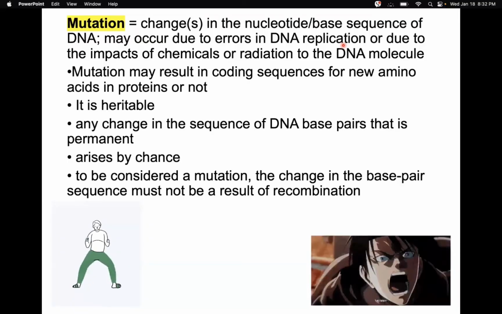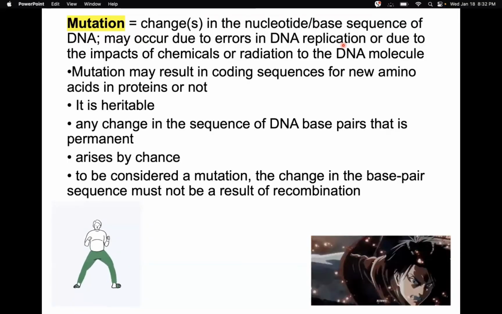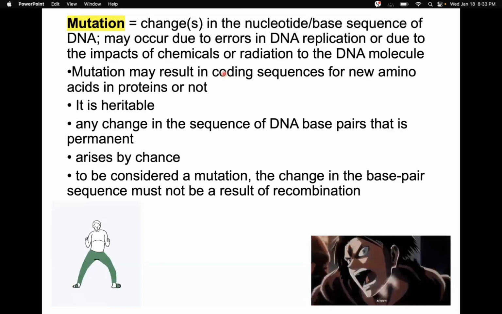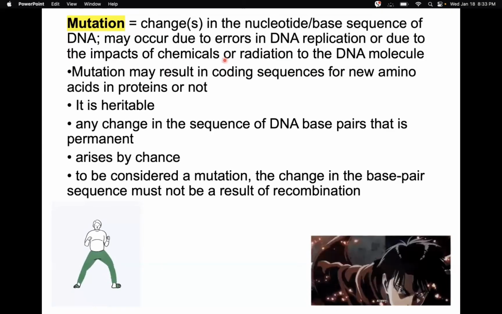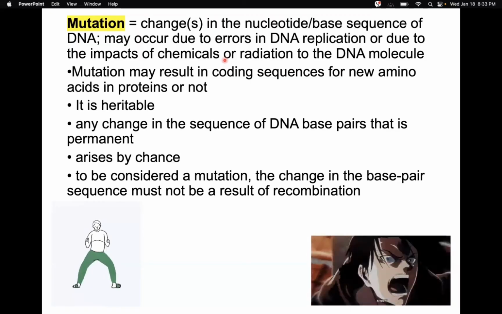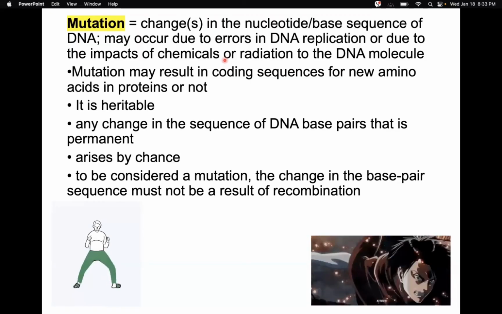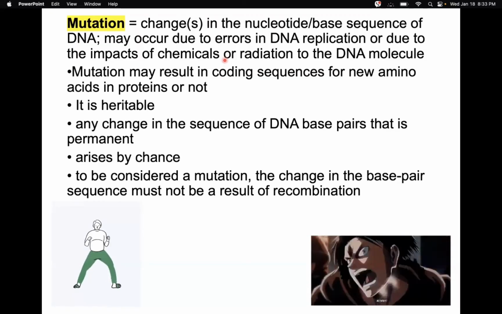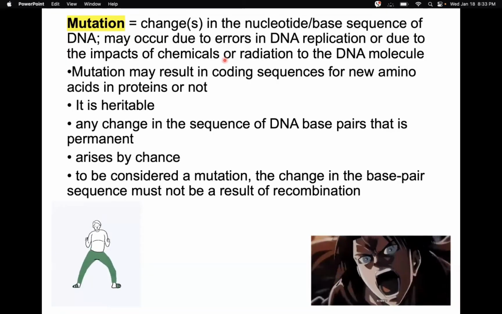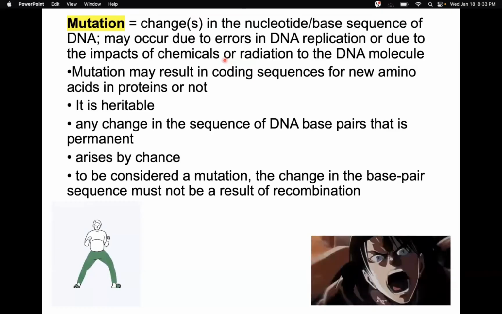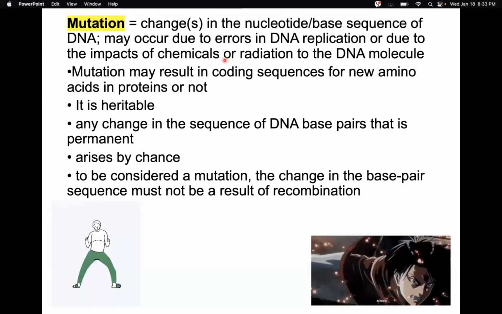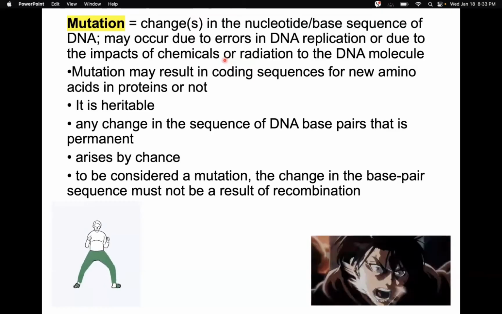Sometimes it can be due to external factors, like chemicals. Certain chemicals can alter the DNA and cause mutation. What else? Radiation, UVA, UVB. What else? Free radicals. Those factors can affect and alter the DNA and lead to mutation.